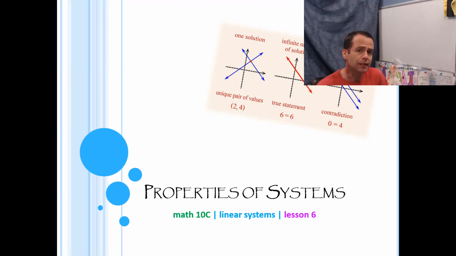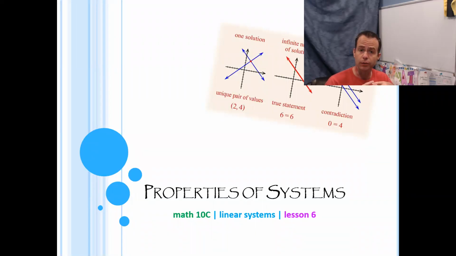systems. Now, really, we've been dealing with properties of systems throughout the whole unit. So a lot of what we do today will feel familiar. Some of the conversations that we're going to have, we've already had. The purpose of this, though, is to think about the fact that I could have one solution, or no solutions, or infinite solutions.